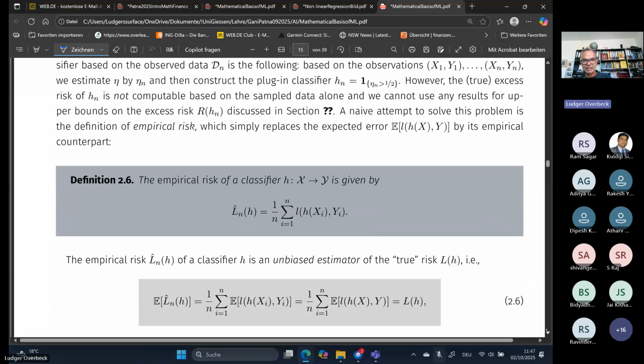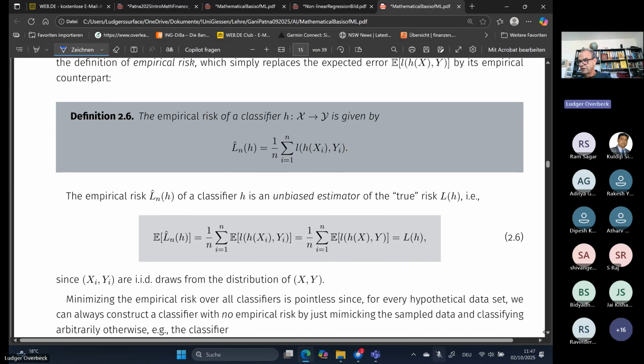As I said, you just plug in the empirical distribution, and then this one is your empirical risk of a classifier H. Of course, the empirical risk is for any ground truth, P, the empirical risk in mean.